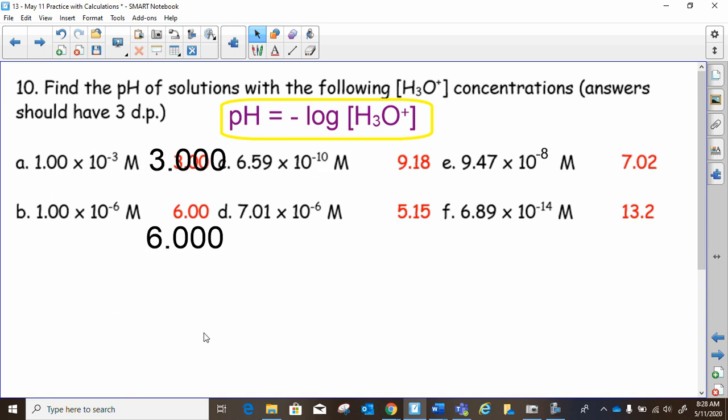I think it will just be faster if I leave this for now, and when I post your notes, I will make sure I put in the correct answers for those. Anyway, the values are right, they just don't have enough decimal places, so that's extremely awkward, but I will fix that for you.